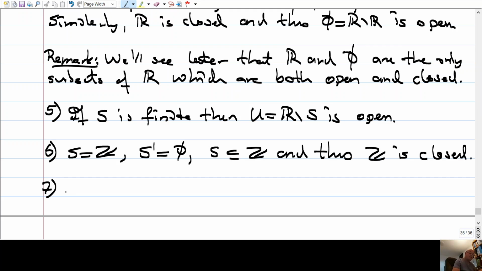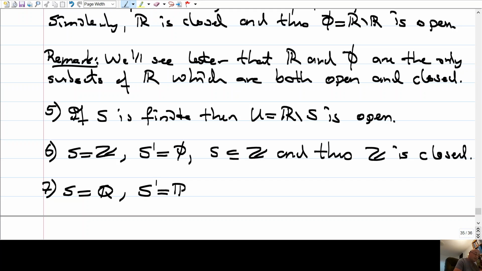What else? We have seen also that for the set of rational numbers, the derived set was what? Rational numbers are dense in R, right?